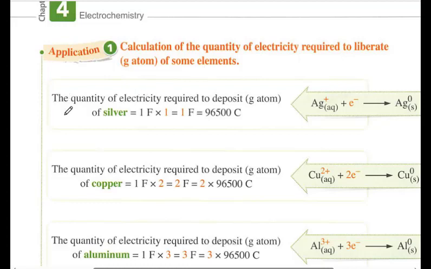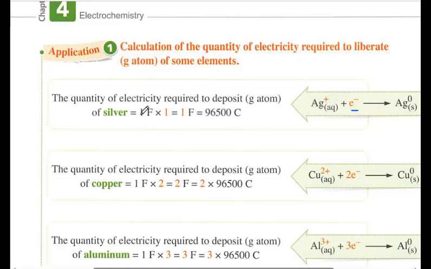The quantity of electricity required to deposit 1 gram atomic mass of silver: silver is reduced by taking only 1 electron, so 1 mole of silver takes only 1 mole of electrons, and 1 mole of electrons relates to 1 Faraday.